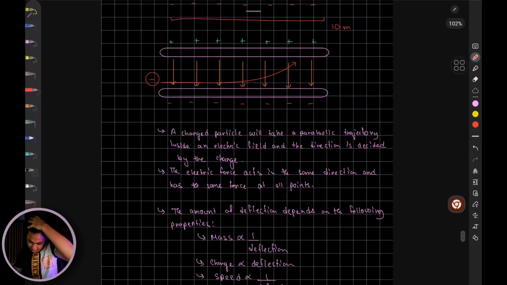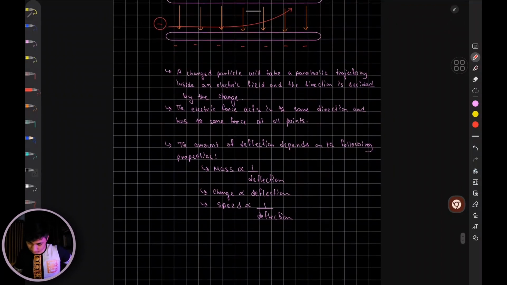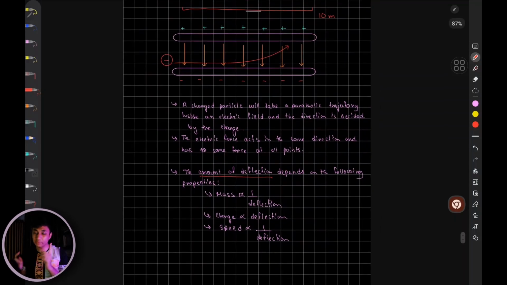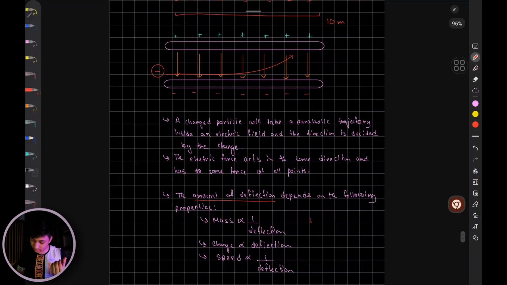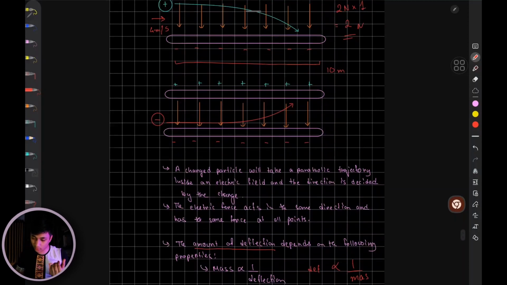Okay, what are the factors? The amount of deflection depends on the following properties. Your deflection would be less if your mass is higher. Therefore, deflection is inversely proportional to mass. Why?